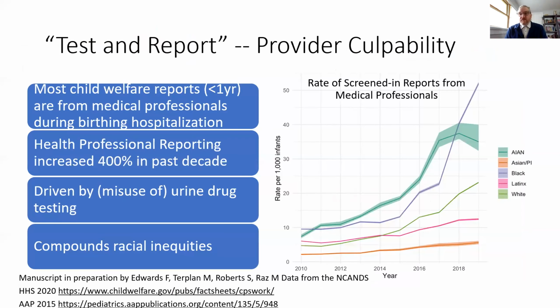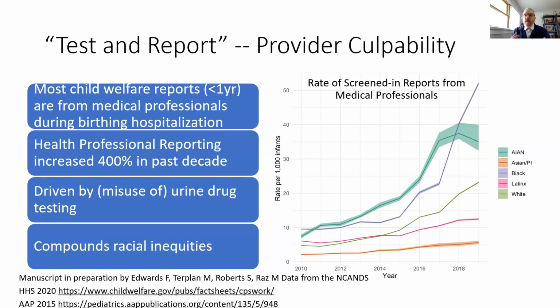One of the problems with the paradigm that ACOG calls test and report reflects on our provider culpability. There's been an enormous increase in the number of infants reported to child welfare in the past 2 decades. That increase has been driven almost exclusively from health professionals. And it's driven to a large extent by, I think, overuse and misinterpretation of drug testing.